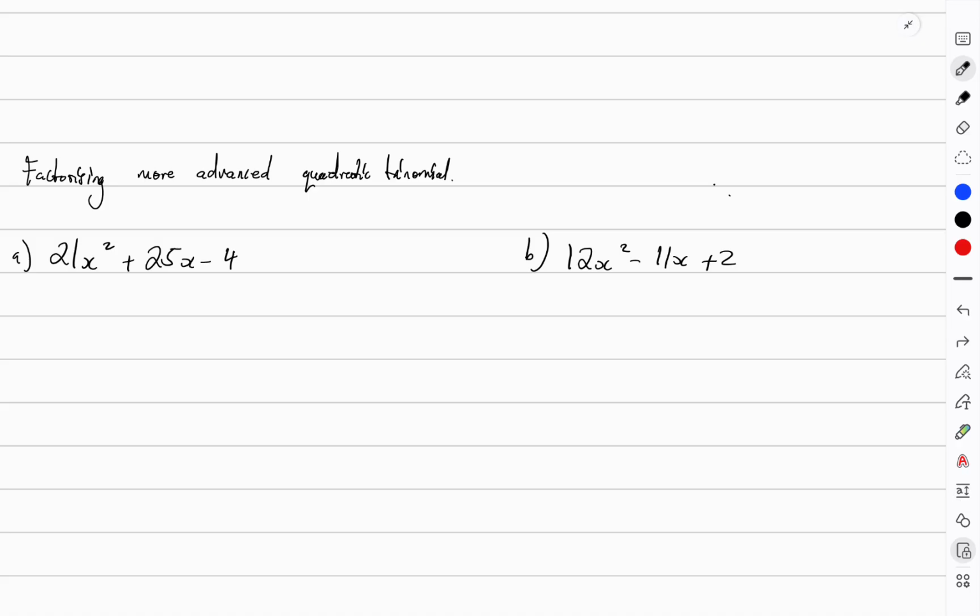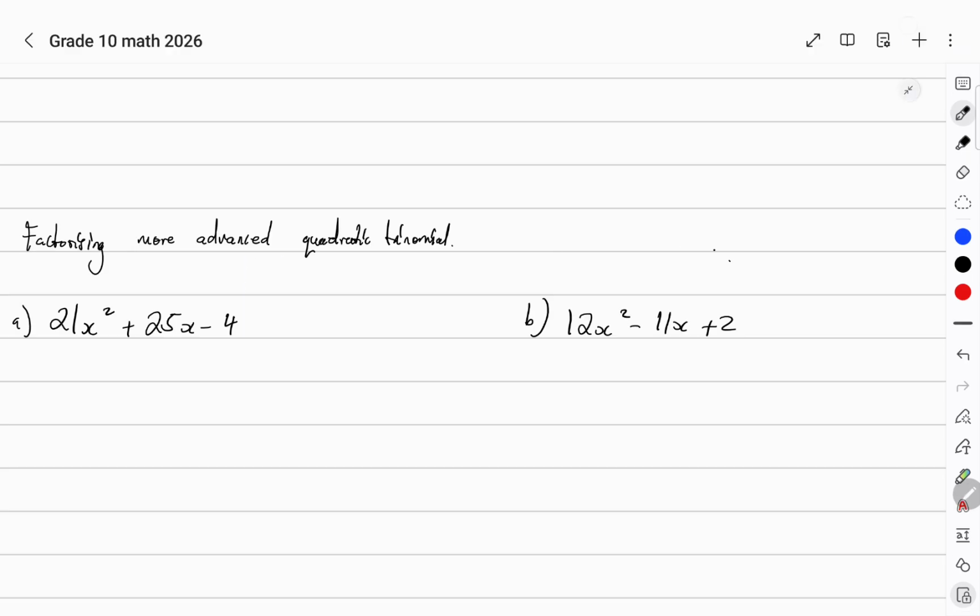What are we going to do? We are going to multiply by a 21 and we divide by a 21. What is 21 over 21? It is going to be a 1. So basically we multiplied by a 1, therefore we changed nothing. So I'm going to multiply by the value of my x squared, which is a 21. Therefore, what is 21 times 4?